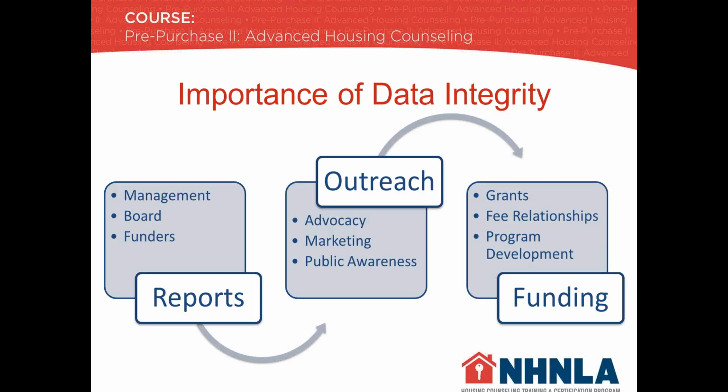When you apply for a funding stream, they're going to want to know, what have you accomplished so far? You're also going to be using those reports for any outreach that you're doing. And it still comes back to funding. If you're applying for HUD grants or other grants or program development, it really all is interrelated. So it's really important to make sure you have accurate information going into that system.